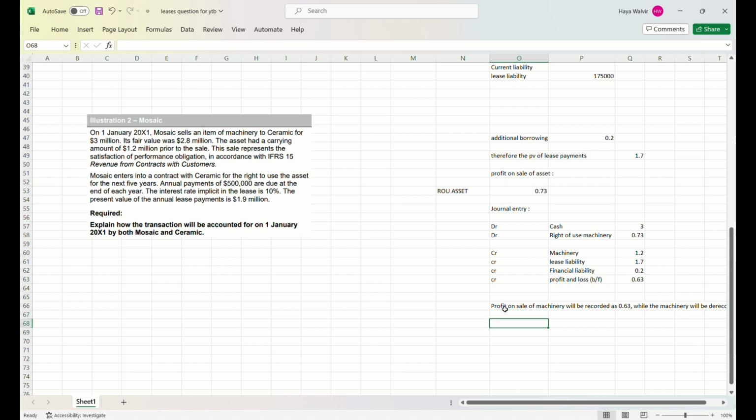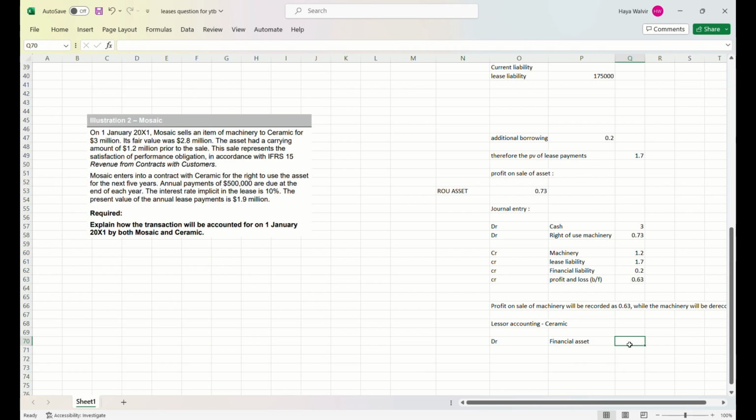This is how it is, and this will be the transaction that will take place in the account, like that you can write. Then comes our lessor accounting, that is for Ceramic, right? So for Ceramic, it's pretty easy. There's a debit for the financial asset that I already mentioned above.